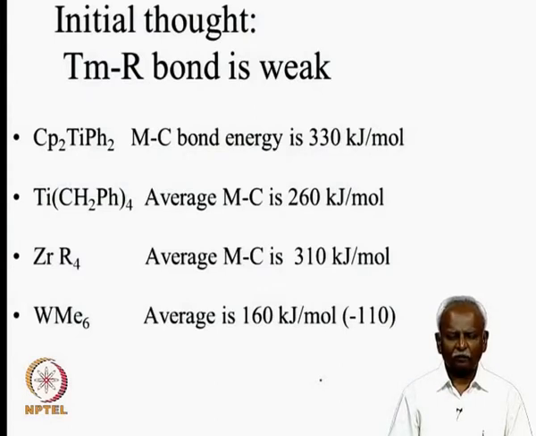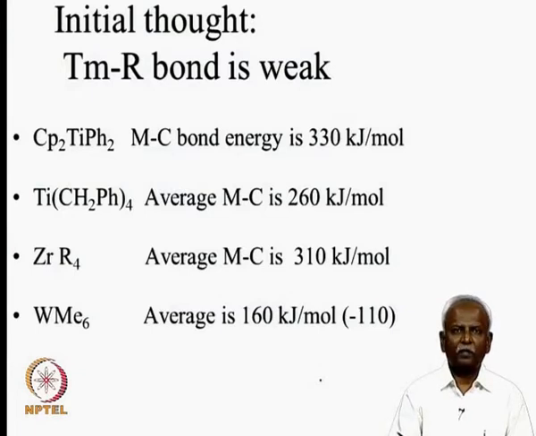Here we have several bond energies pictured for us here. The metal carbon bond can be as high as 300 kilojoules per mole, and as I have told you earlier, if you go from titanium to zirconium, you have an increase, and you have two groups here which are pictured, and in both cases the bond strength turns out to be quite large.